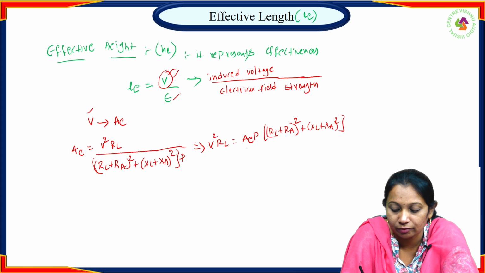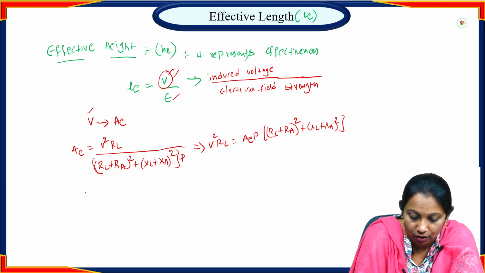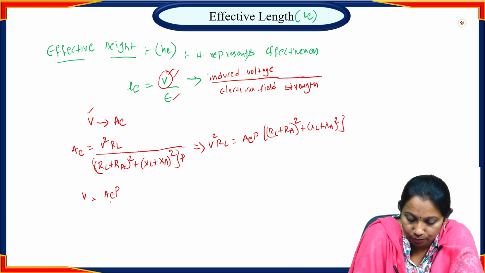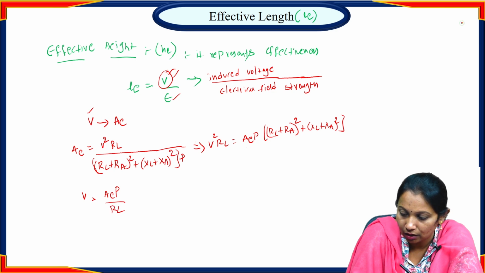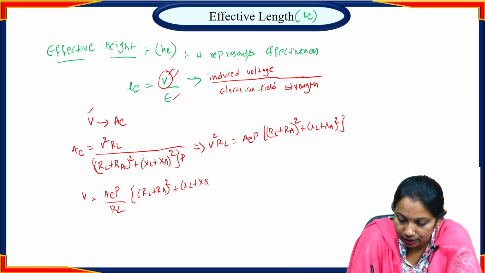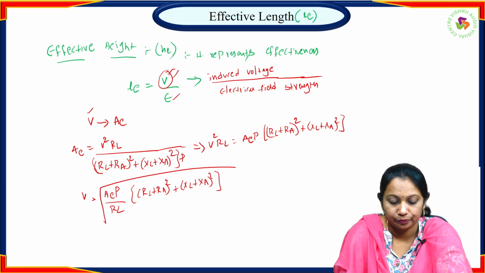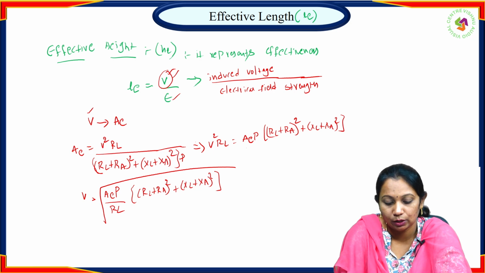Here I have considered only V square into RL. Now I write the expression for V: V is equal to AE into P divided by RL, into (RL plus RA) whole square plus (XL plus XA) whole square. Since we have the square term, we write it under a square root. So this is the expression for V.